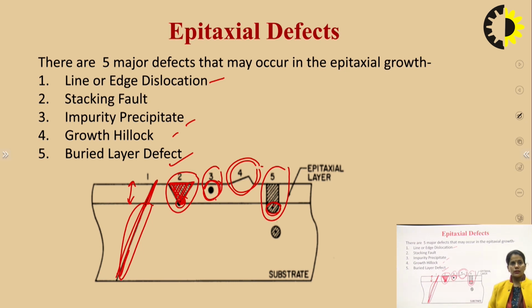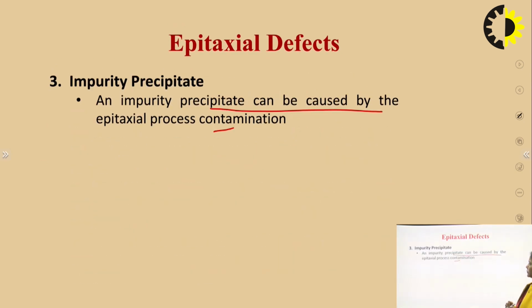Such layers are also a part of the fabrication process. These are known as the pre-epitaxial layers or undergrowth. Now suppose our epitaxial layer is grown above it, and this precipitate is causing a defect in this portion. So when we grow some epitaxial layer, this defect is extended to the epitaxial layer growth as well.